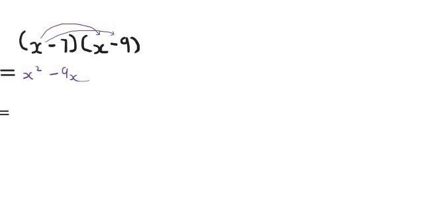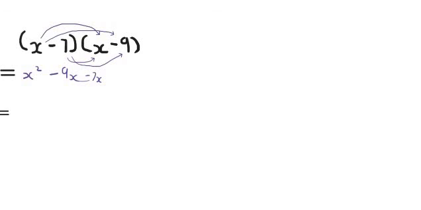Then we have minus 7 times x, which will give you minus 7x. Then we have minus 7 times minus 9.